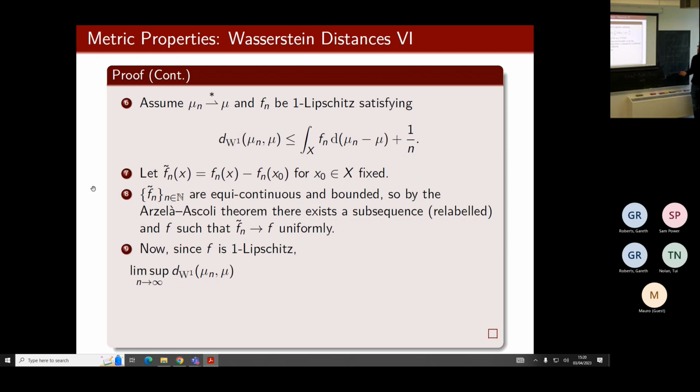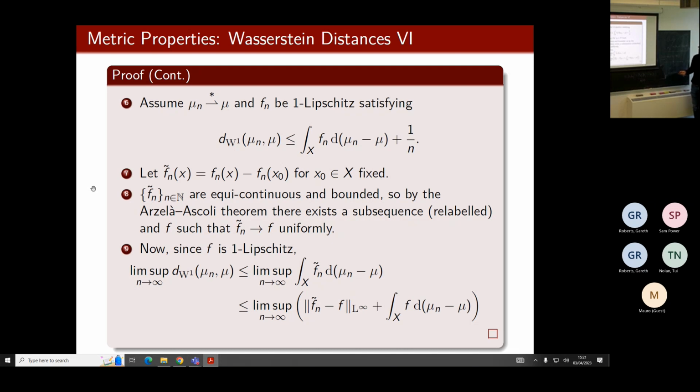So I have the lim sup of the Wasserstein distance. This is, by choice of my fn tilde, because adding a constant makes no difference here, so I can have my fn tilde here. Now I can divide this into two parts: an L infinity term on the difference between fn tilde and f, which is my limit of the fn's, and then what's left over.